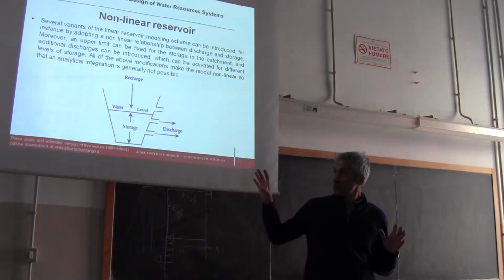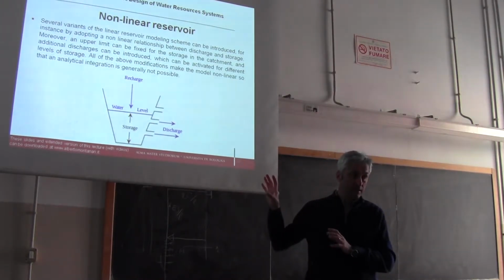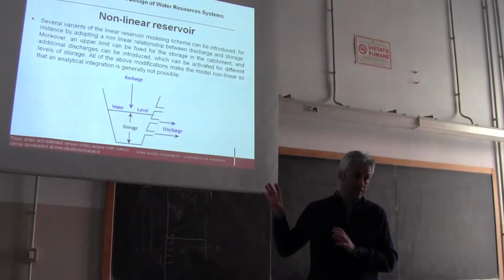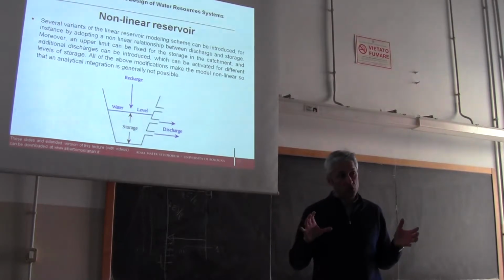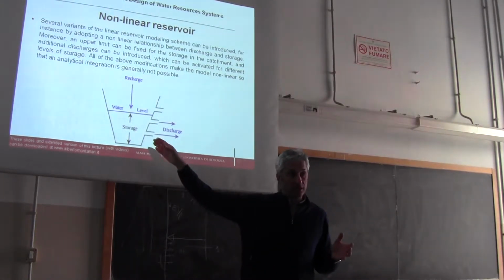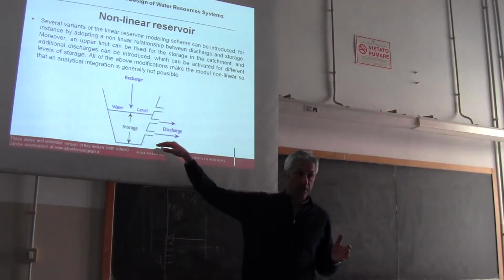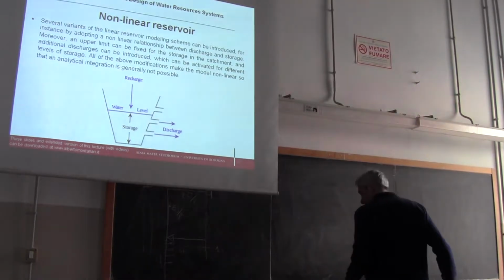So, if you introduce such a conceptual model, this is non-linear, it's not linear. And the reason is that there is no linear relationship between outflow from the tank and storage. If you fix thresholds, it's non-linear because it is something like this.